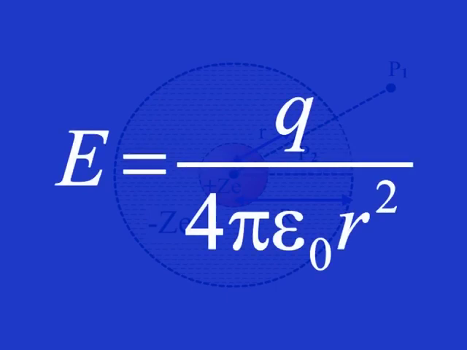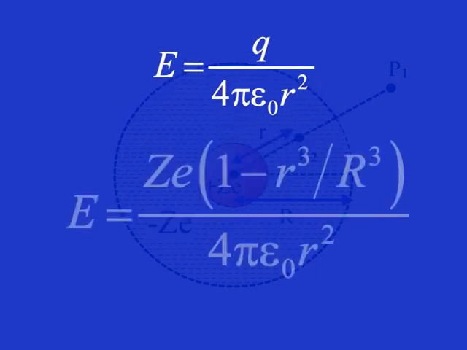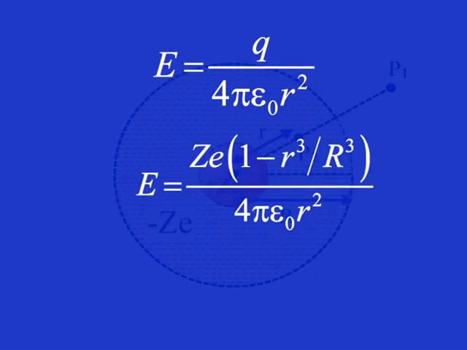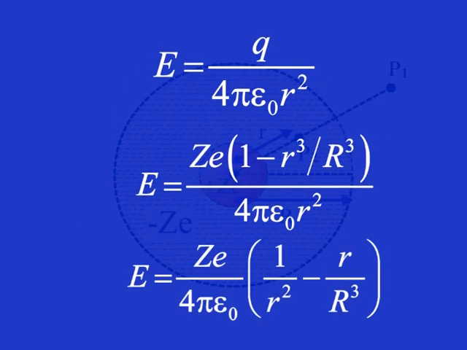Therefore, electric field E is equal to Q upon 4 pi epsilon naught small r square, which is equal to Ze upon 4 pi epsilon naught into 1 by small r square minus small r by R cube.